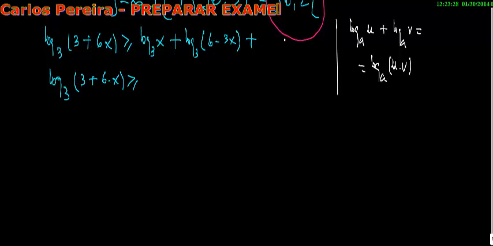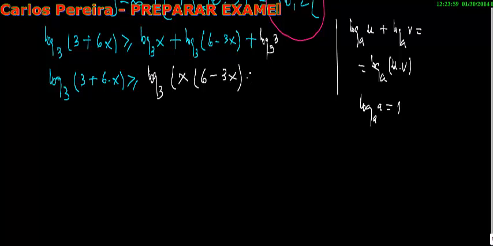It is quite simple, because I can put here logarithm of 3 at base 3. It is the same as to have 1. You agree with me? Because the logarithm of a at base a is all time 1. So here I have a product. Logarithm at base 3 of x times 6 minus 3 times x, times 3. Is that okay for you?